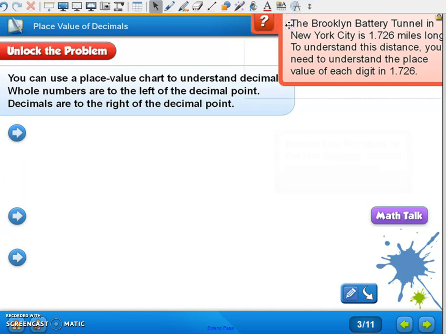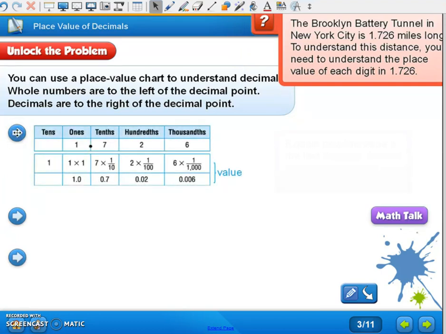The Brooklyn Battery Tunnel in New York City is 1.726 miles long. To understand this distance, you need to understand the place value of each digit in 1.726.